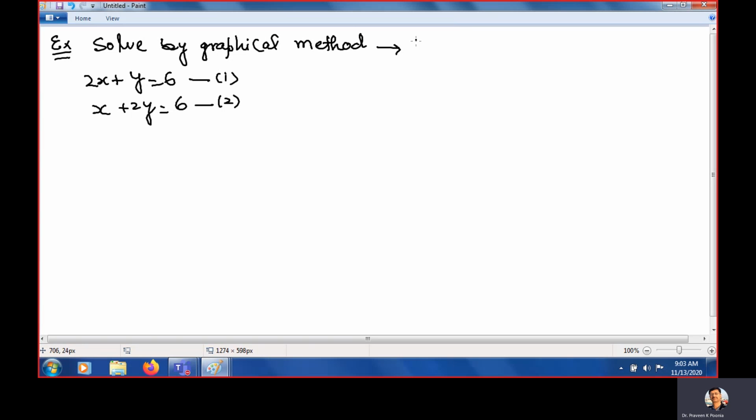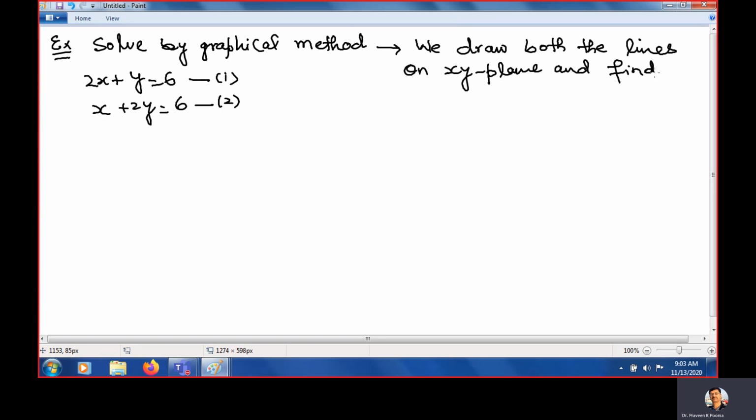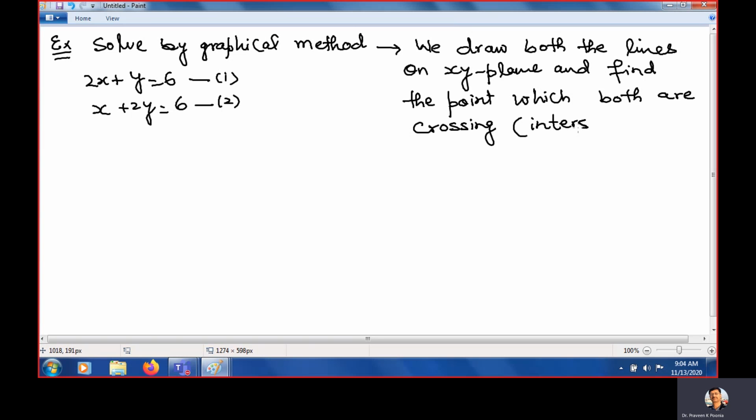Listen carefully: we draw both the lines on the xy plane and find the point where both are crossing, or you can say intersecting.